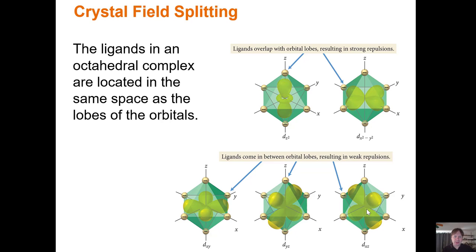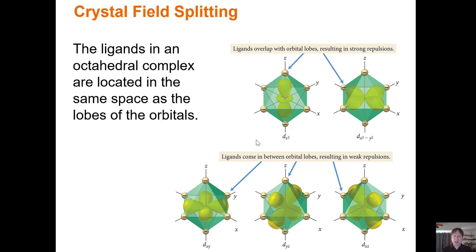We're basically turning this 90 degrees one way and then 90 degrees the other way to get from one to the other for these 3. This one fits in the same plane as this one, but again, we're changing the orientation by 45 degrees there. That ends up aligning it with the location of the ligands.